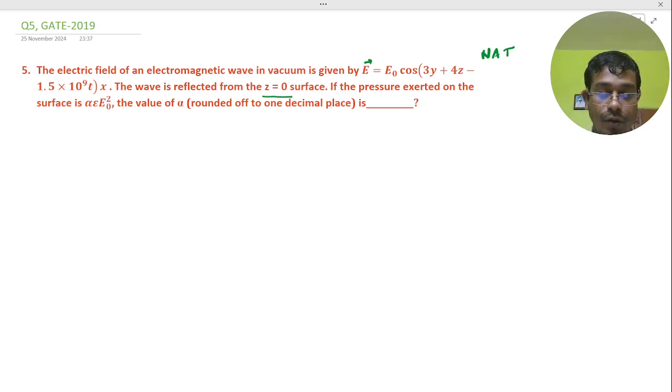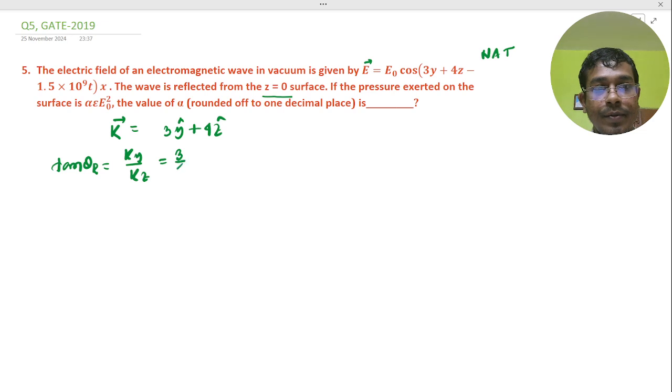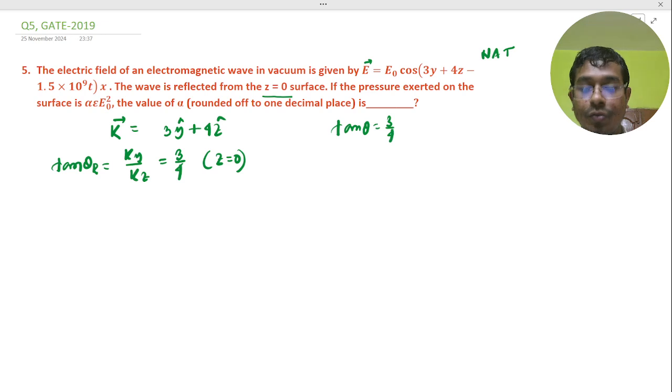By the question, the propagation vector k is 3y plus 4z, so tan theta is ky by kz, which is 3 by 4, with component ky 3 and kz 4. As z equal to 0 is the surface, from tan theta equal to 3 by 4 we get cos theta equal to 4 by 5.